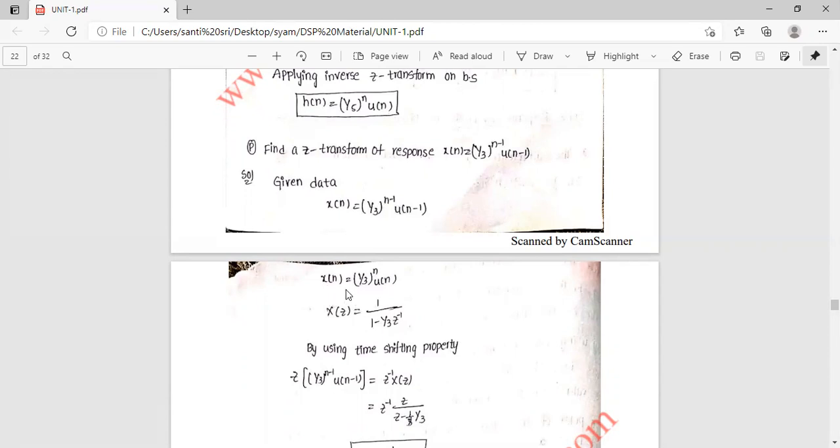First of all, we will write this as x of n equal to 1 by 3 whole power n into u of n. For this, X of z is 1 by 1 minus 1 by 3 into z power minus 1. By using the time shifting property, 1 by 3 whole power n minus 1 into u of n minus 1 has z transform 1 by z minus 1 by 3.